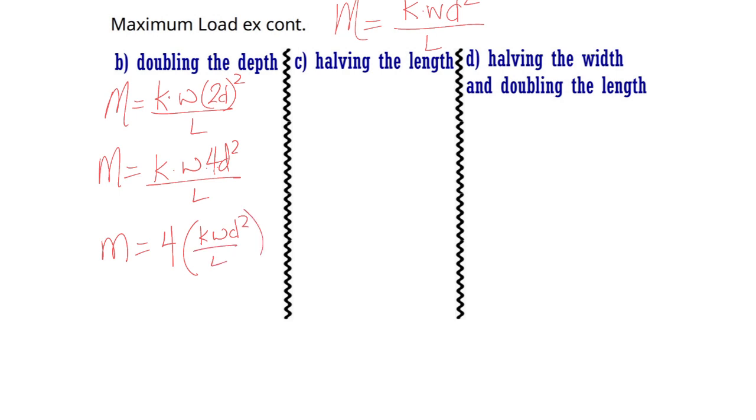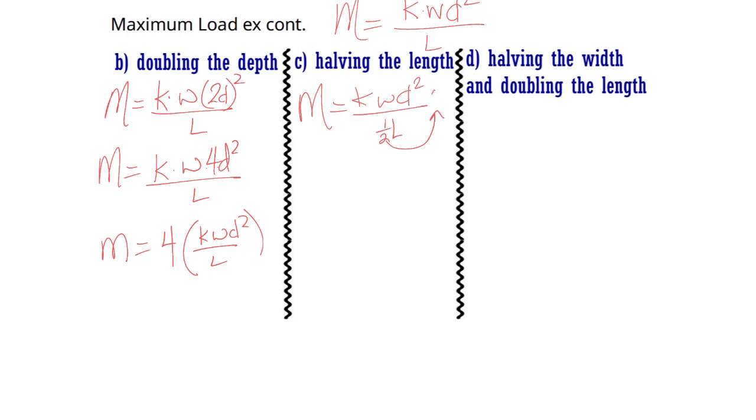All right, I'm going to do one more, then I'm going to turn you loose on the last one. So this time what I'm going to do is I'm going to half the length. I'm going to make it shorter. Again, just thinking common sense, I feel like that's going to make it stronger because it won't bow as much in the middle. But that seems weird because I'm putting in a 1/2. How is that going to work? Instead of an L, it's now a 1/2 L. But remember that dividing by 1/2, I can just pop that up.